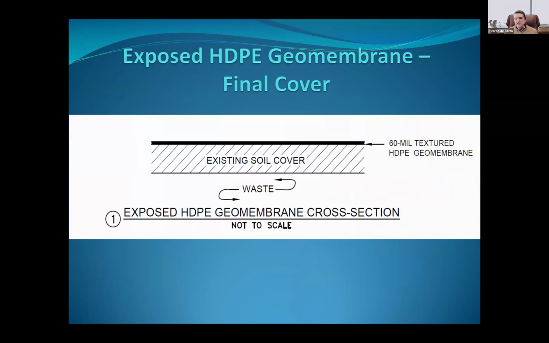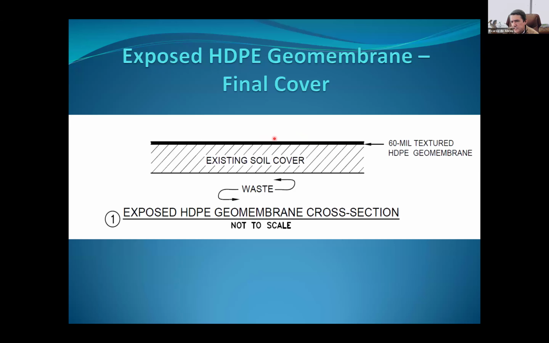In the case of the exposed geomembrane, one of the things is exactly the same: you have the existing soil cover, but you have the exposed geomembrane here, and you don't have the turf on top, and you don't have the infill on top.